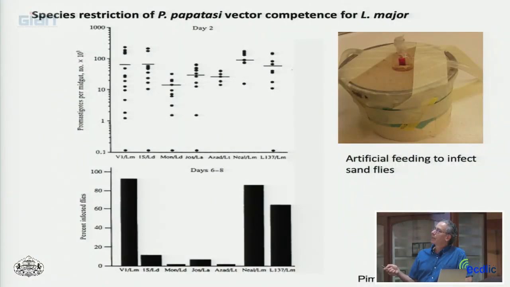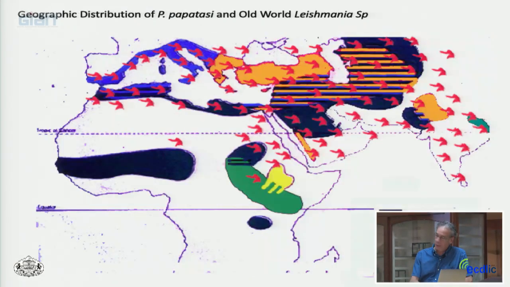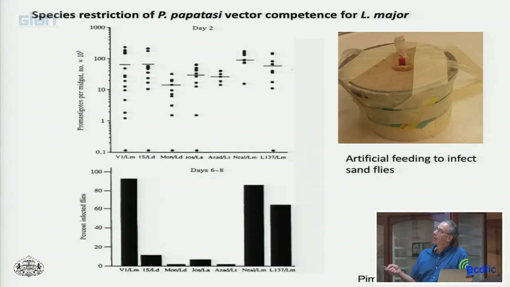competencies. In the laboratory, I want to make the point that this restriction of L. major transmission by Phlebotomus papatasi in these regions, we can reproduce that restriction in the laboratory. So these are laboratory colonized flies, and we infect them artificially through a membrane.